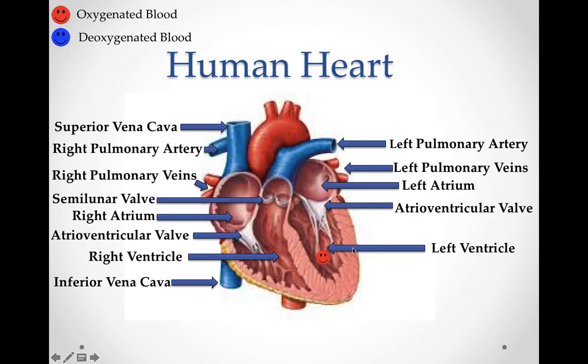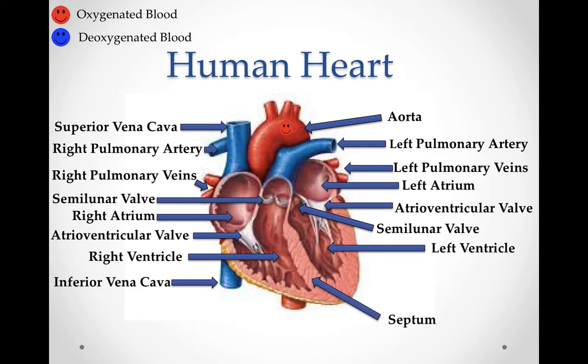So you can see that thick layer of muscle around the left ventricle, and that's because this part needs to be really strong so that it can pump the blood to the rest of the body. So when that part squeezes, we're going to be forced up through the second semilunar valve and out through the aorta. Now, the only other part I want to point out is this muscular separation here. It separates the left and right side of our heart, and that's called the septum.